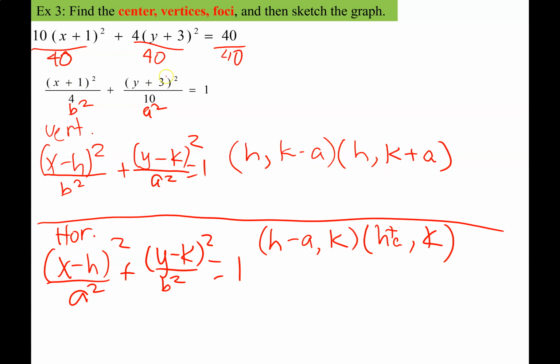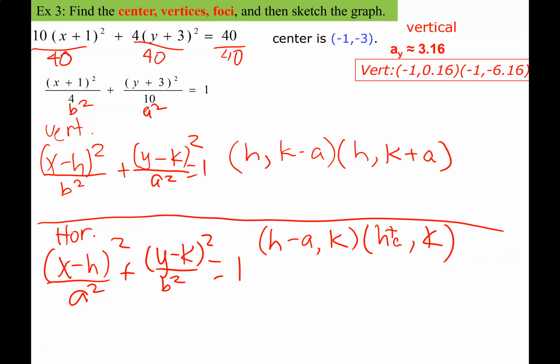So h and k. And remember, we have opposite, so it's negative, negative. So for us, our center is going to be located at -1, -3, opposite h, opposite k. When we take the square root of 10, we should have an approximation of 3.16. And then our b, square root of 4, would be 2.